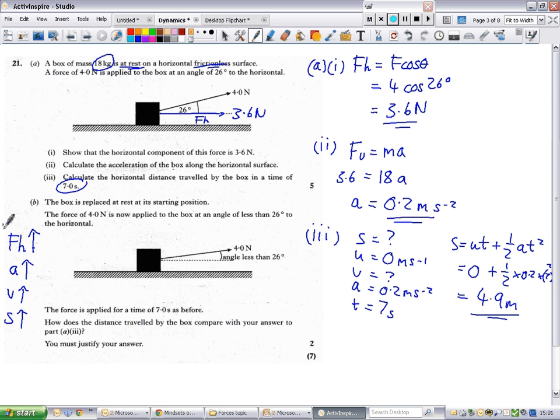Remember, you're not going to get any marks for this little section, but you would use that to help you construct a word answer. So greater horizontal force means that there's a larger unbalanced force in the horizontal direction, which gives a larger acceleration. A larger acceleration means that it goes faster, so therefore it will be a larger displacement.